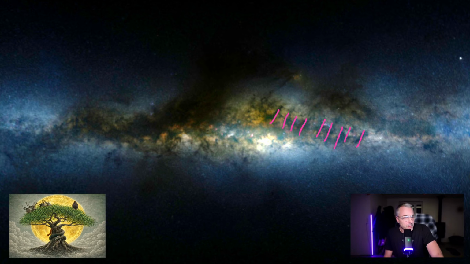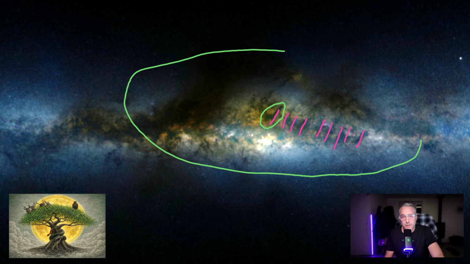Each individual world is described by the same aspects in the Milky Way center. Let me explain what I mean. For example, this is Asgard. Asgard is explained by using all the shadows here in this area. And the same for each world.